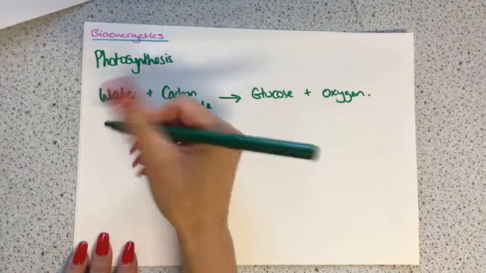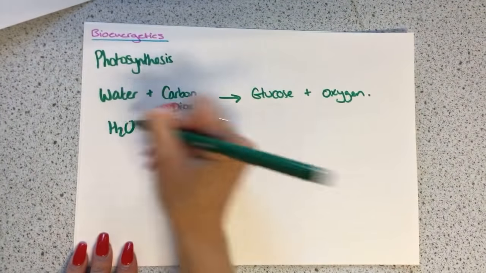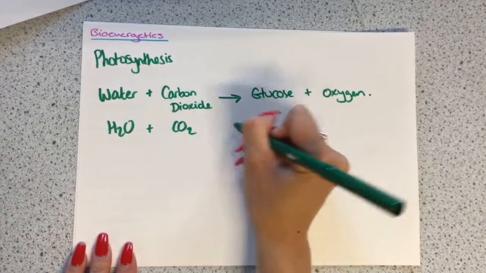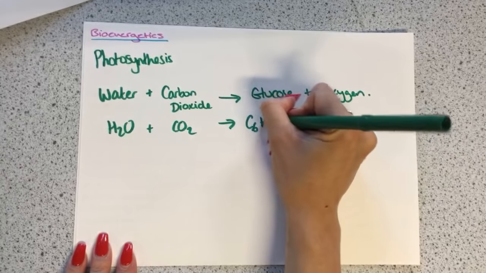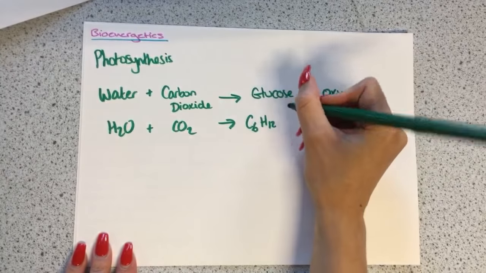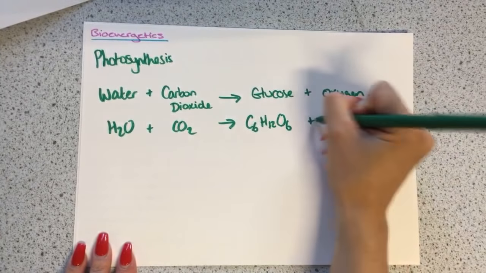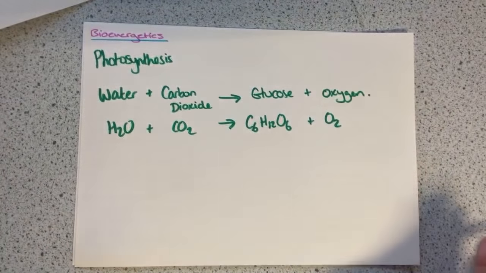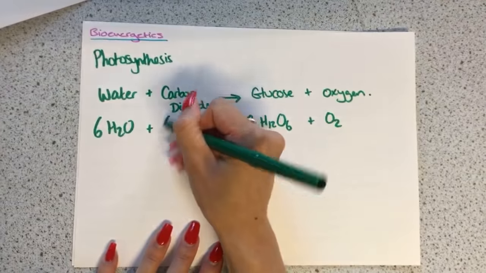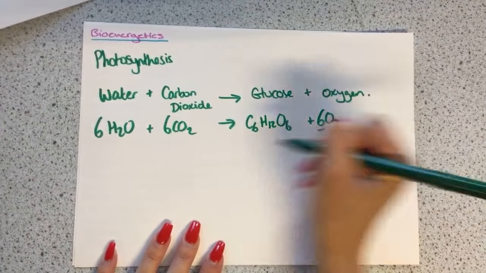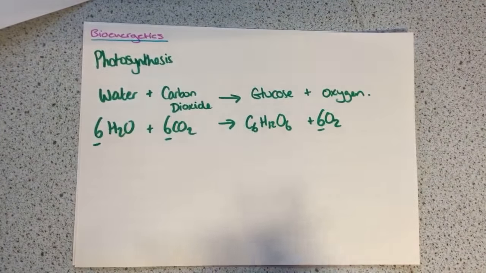Okay, and the symbols. So remember, glucose is C6H12O6. And to balance the equation, you don't have to physically work it out. You just have to remember to put a 6 in front of the water, the carbon dioxide, and the oxygen.